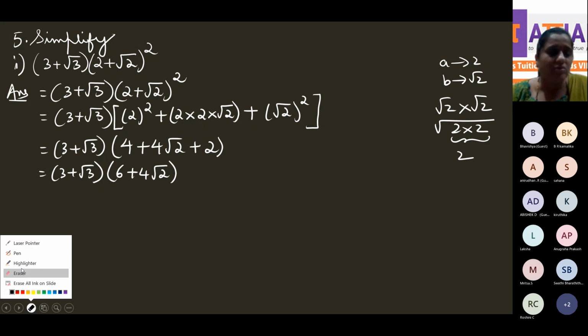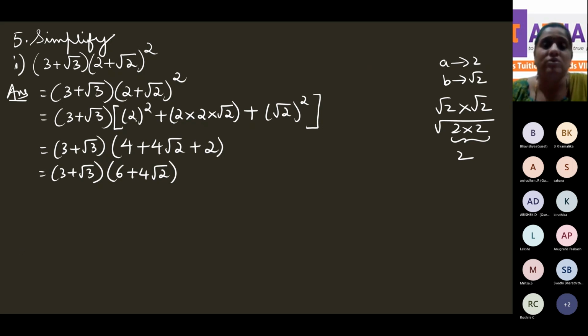Okay. So now we have learned how to multiply binomials. Last year also, using algebraic terms x, y, z, a, b, c, we have learned how to multiply a binomial with another binomial. That is something like 2a plus 5 into 4a square plus 7.